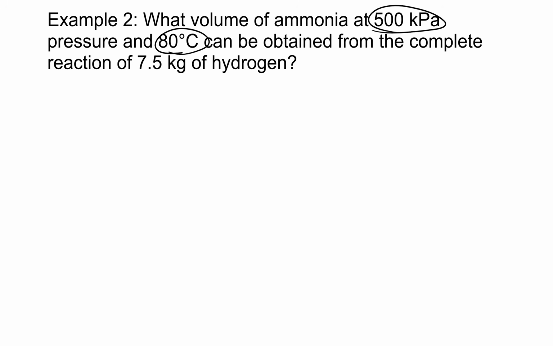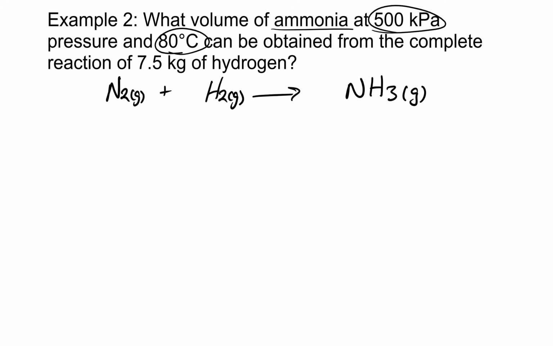It says what volume of ammonia can be obtained. So we're making ammonia. Let's start how we would always start, with a balanced chemical reaction. If we're going to make ammonia, that means we have to be reacting nitrogen gas and hydrogen gas together.